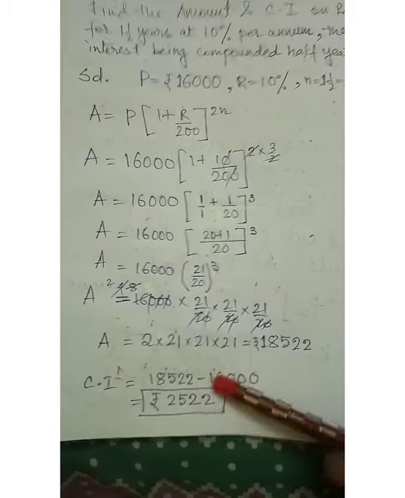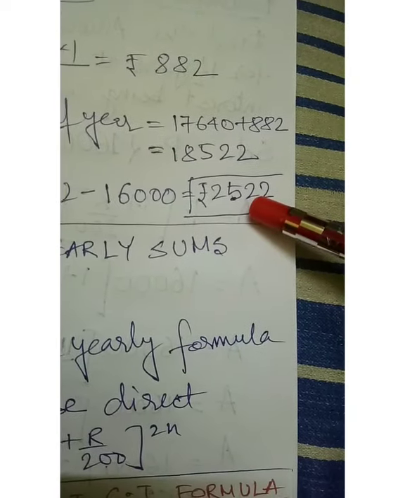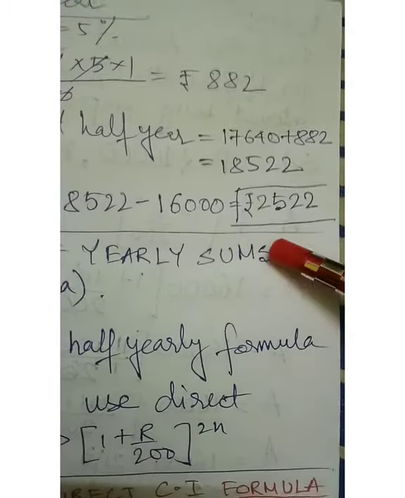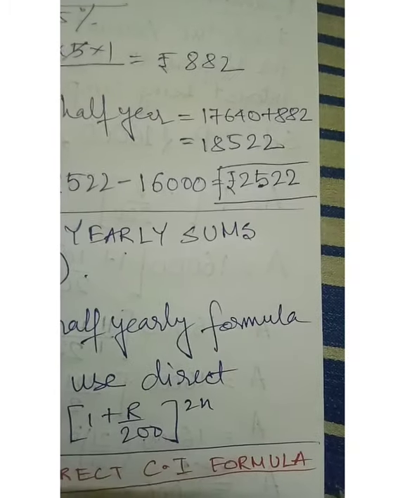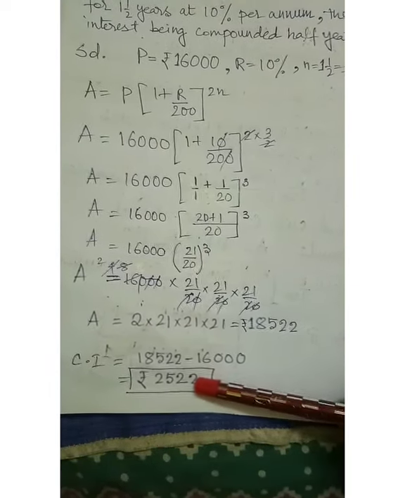See, this value and the previous sum's value are also coming the same, 2522.